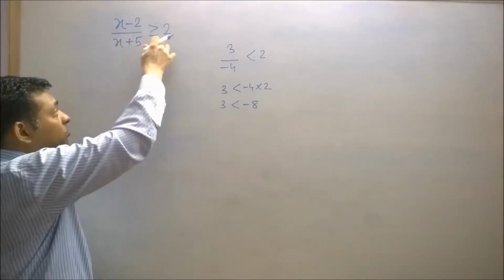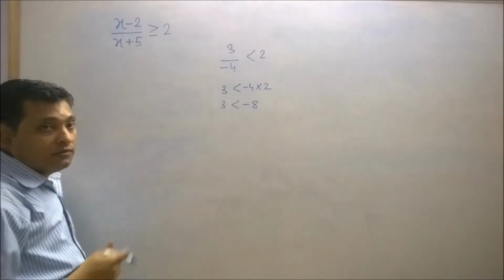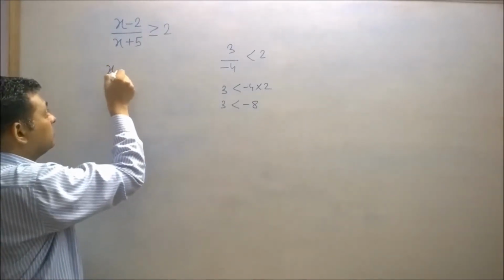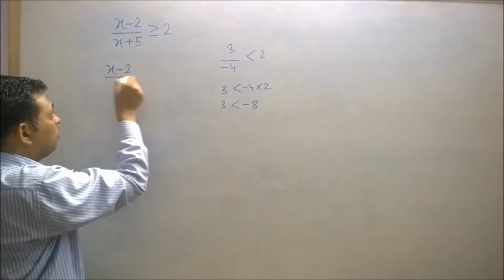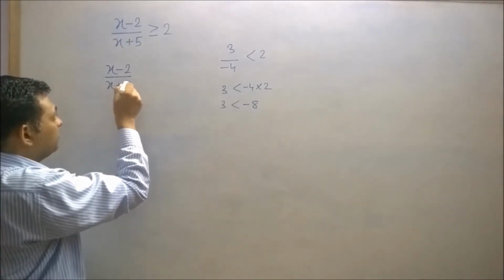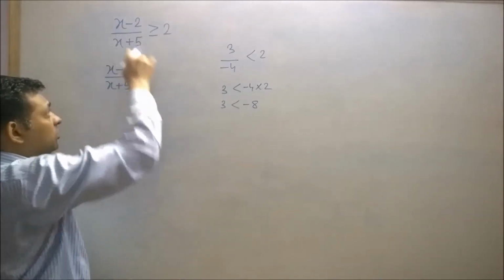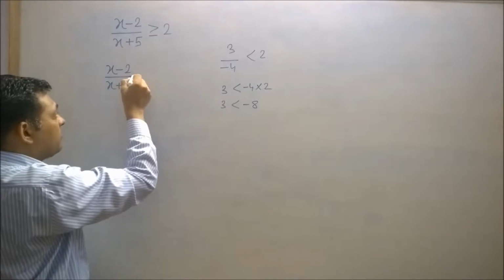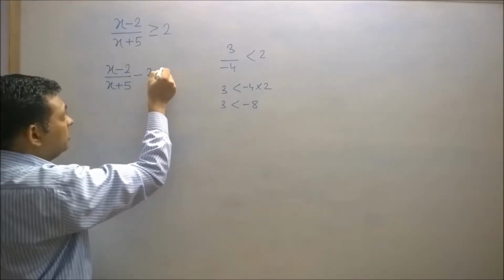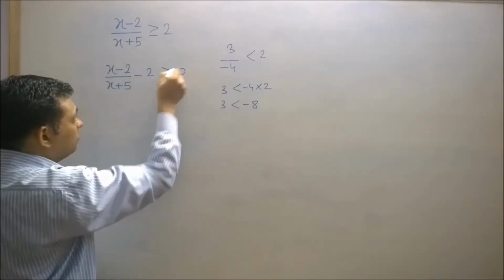We will transpose 2 to the left hand side. (x - 2)/(x + 5) - 2 is greater than or equal to 0.